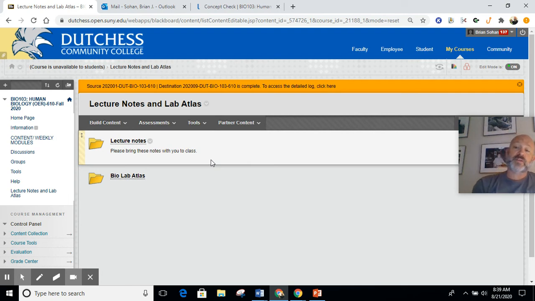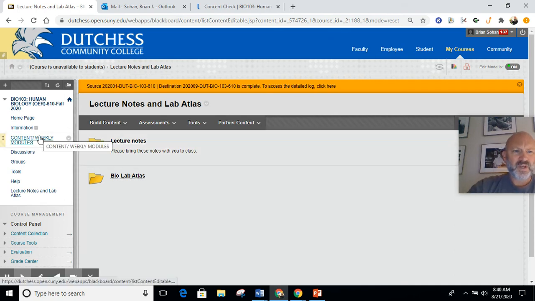One other thing I wanted to show you is, if you want to scan a document, you can use your phone to do that. On the syllabus, I provide information on how to download a scanning app onto your phone.